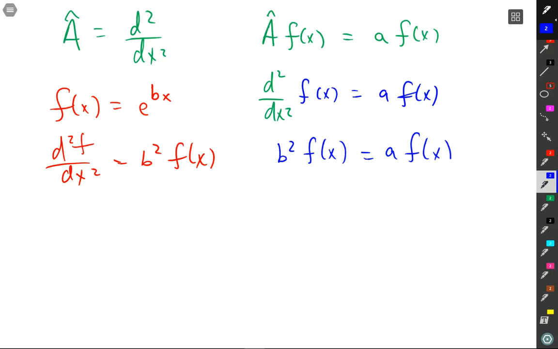And so if A is my eigenvalue, then b is equal to the square root of A. And anytime I do a square root, what do I have to do? Plus or minus.